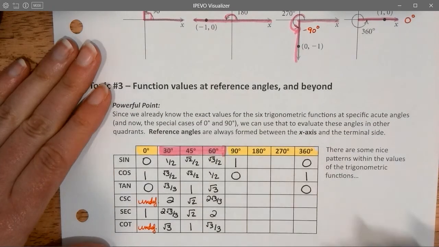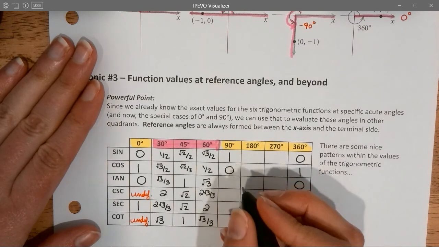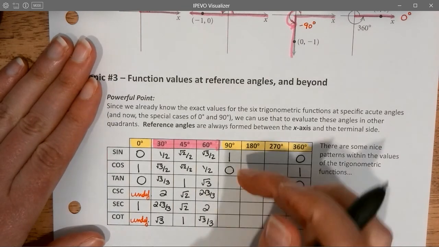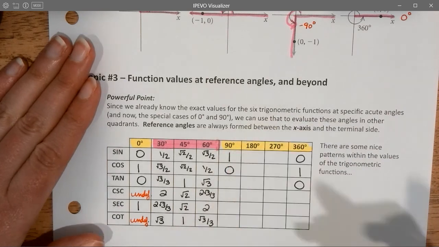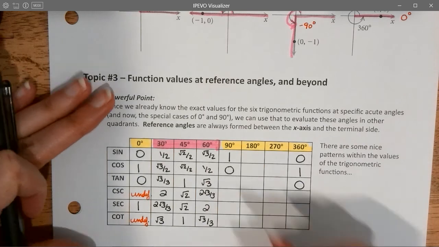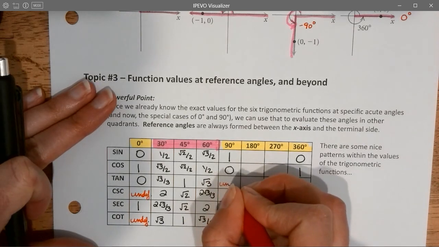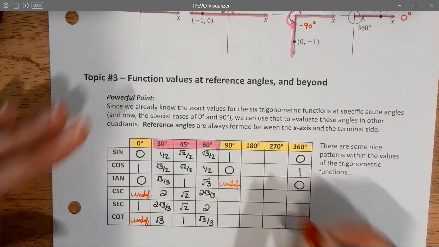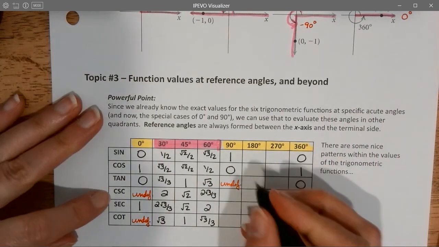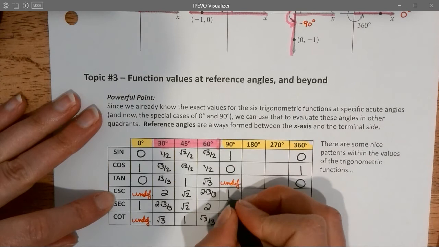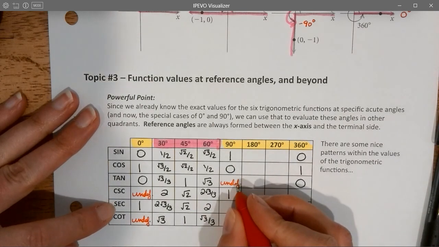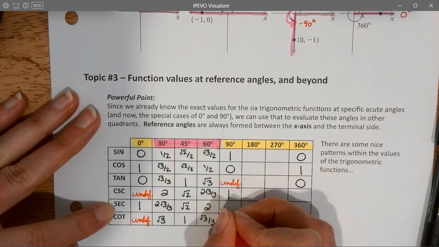Okay. The tangent, which is the opposite side divided by the adjacent side is going to be undefined. And then the cosecant is 1 divided by 1. Then the secant, 1 divided by 0, that's undefined.